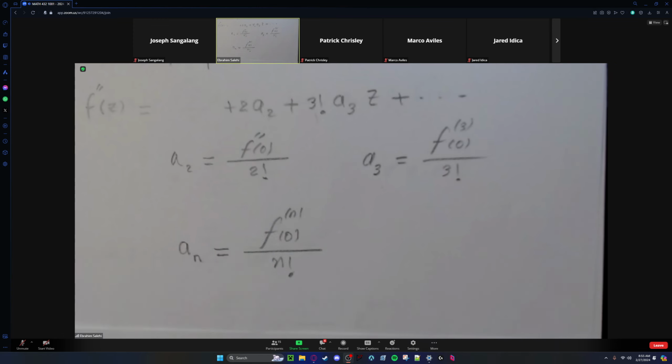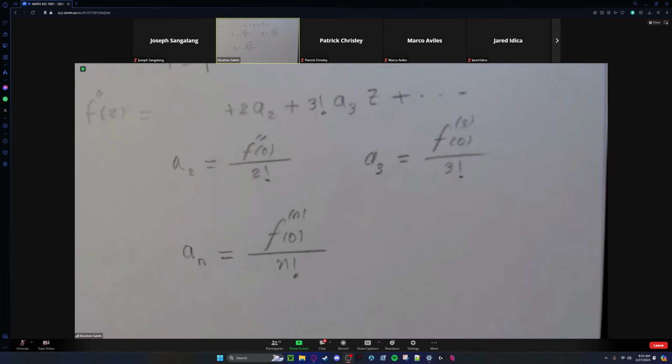Okay? So, although I sort of demonstrated uniqueness by using the center being 0, we could have had the center at somewhere else.